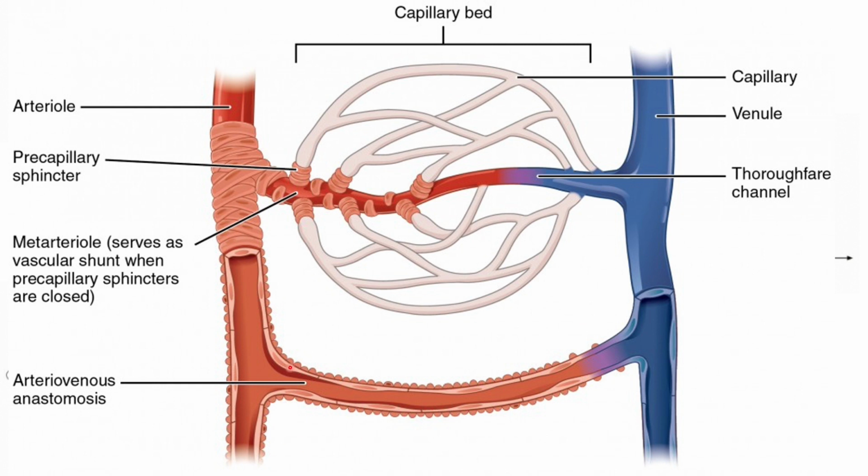Now, when you bypass all that through an arteriovenous shunt, what happens is that blood is pushed at the same pressure that it was in the arterioles all the way to the veins. So you have higher pressure in the veins and you have less resistance to flow.